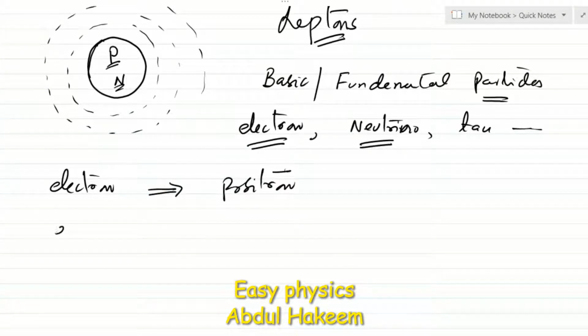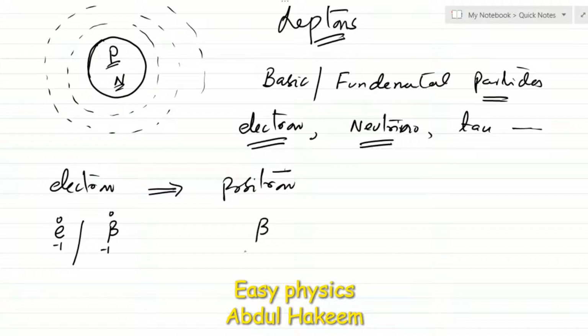Electron is represented by the symbol e with minus 1, 0, or it is also beta, because the fast moving electron is called the beta. And the antiparticle is the positive electron, which we can write with plus 1, 0.